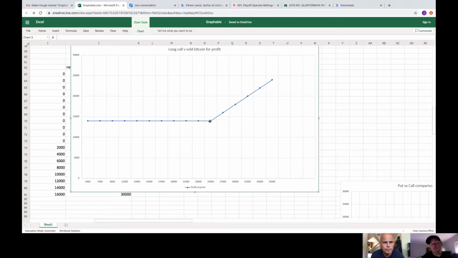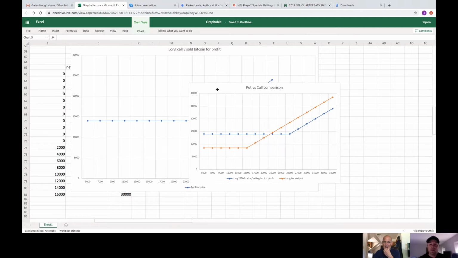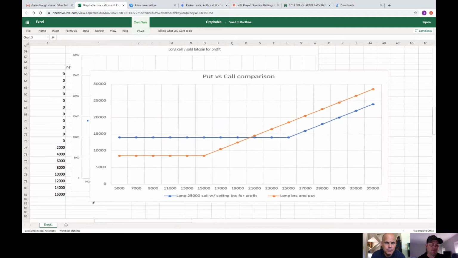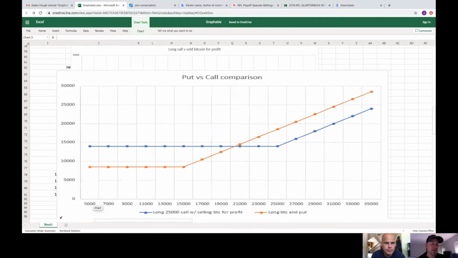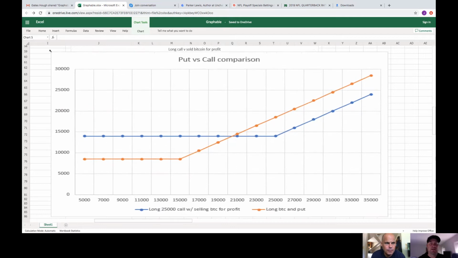So if you were more bearish, you'd rather have that 14,000 profit than the 8,500 profit. So you do this, and either way, you're still gravy on the upside. But if you're more bullish and you're like, well, I don't want to sacrifice that, we've got this comparison. And this, I think, as an educational tool for people who are just getting into options, they can find a little bit interesting.